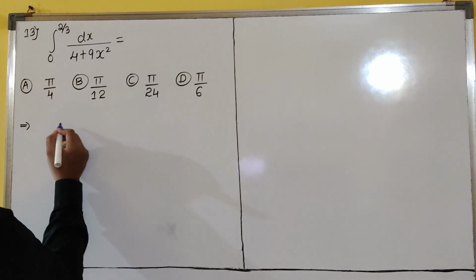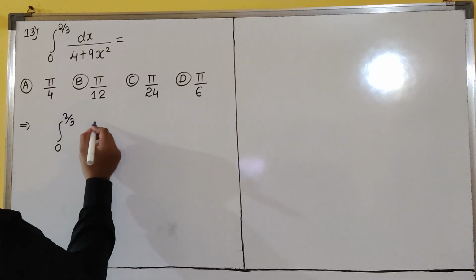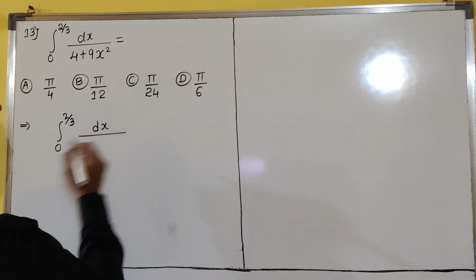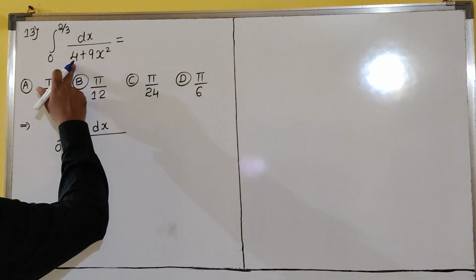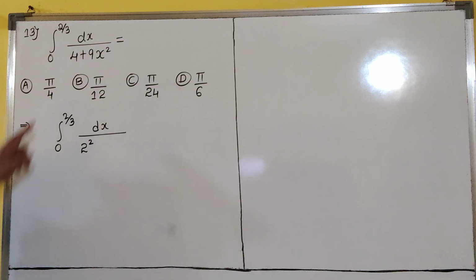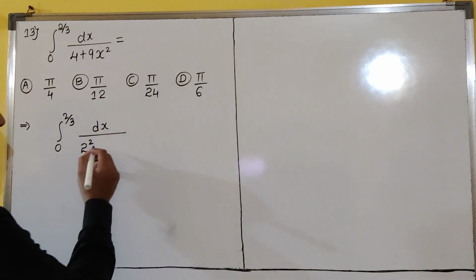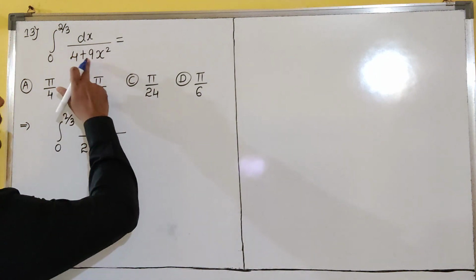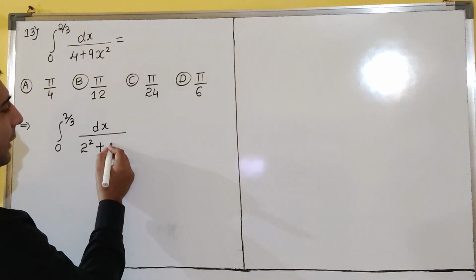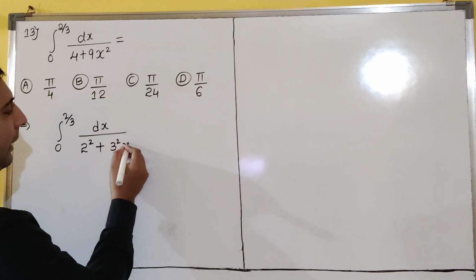So first you see how I will write: 0 to 2 by 3 dx divided by 4. 4 I can write as 2 square, dear students. 4 I am writing as 2 square. Next one, 9 I can write as 3 square. 3 square I can write into x square.